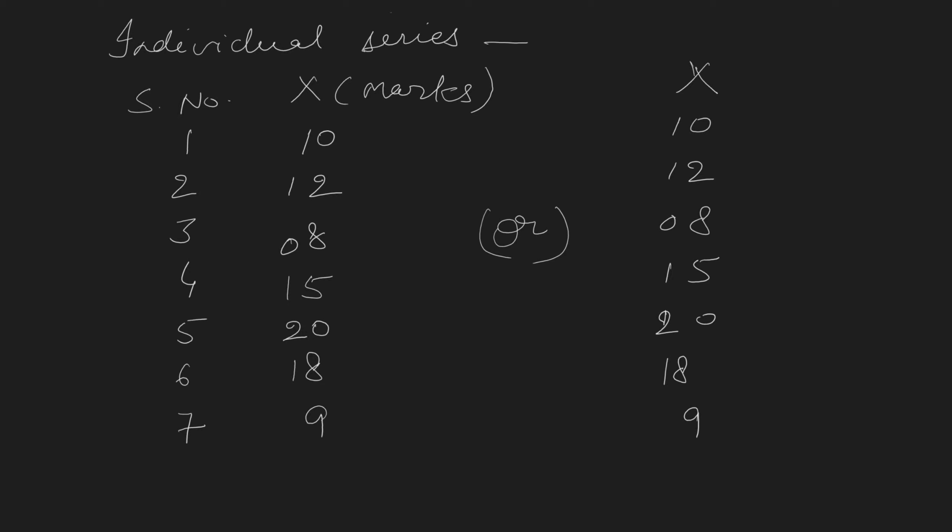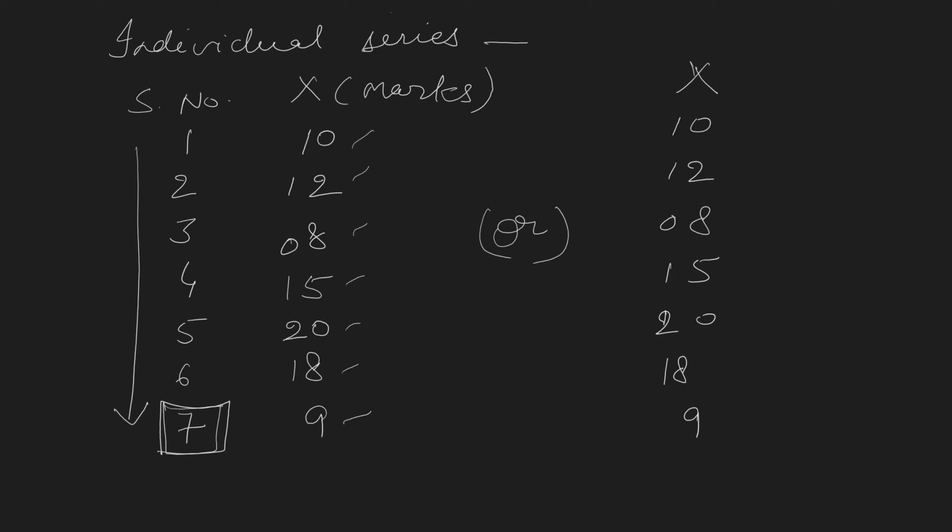The serial number written here will only help you to count the numbers, because when you get the value 7, you don't need to count the values 1, 2, 3, 4, 5, 6, 7. Because the last number is 7, you can understand there are 7 values of x.